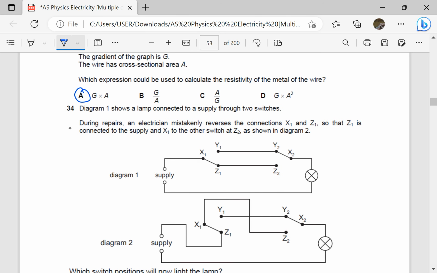Diagram 1 shows a lamp connected to a supply through two switches.